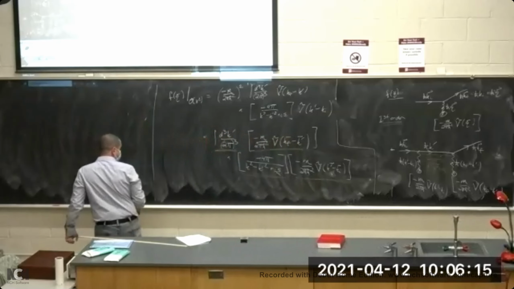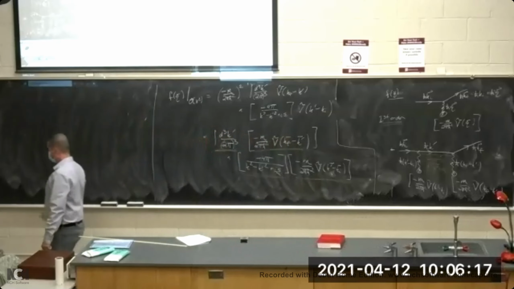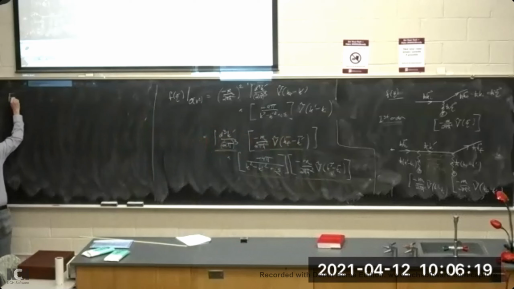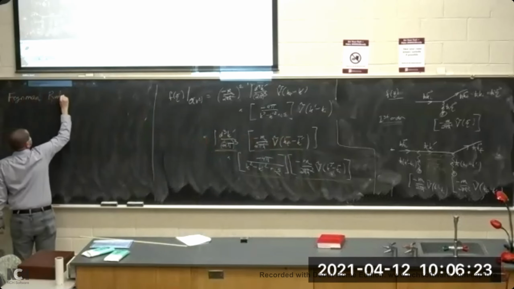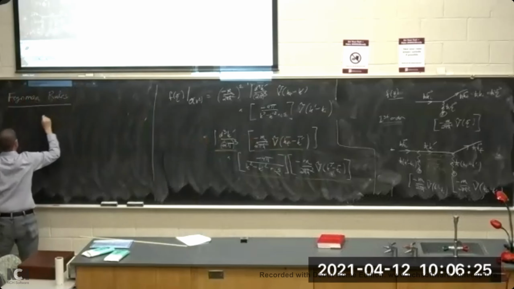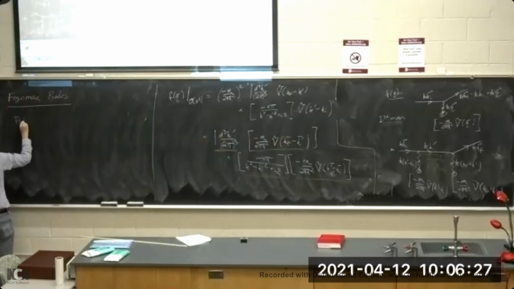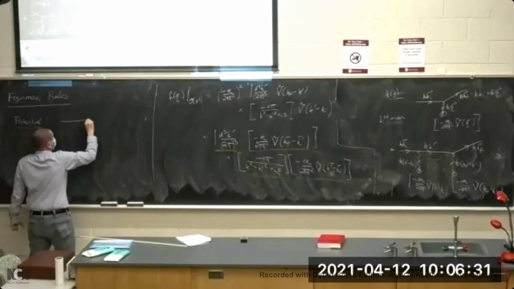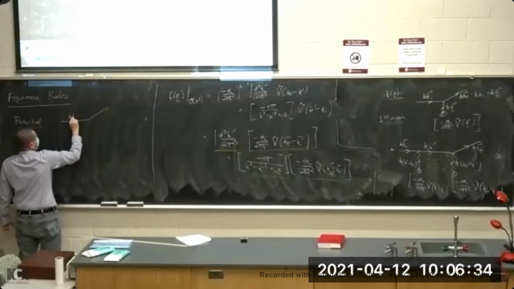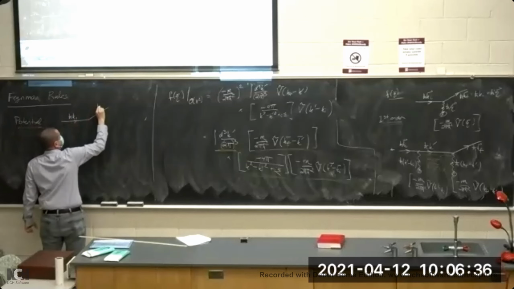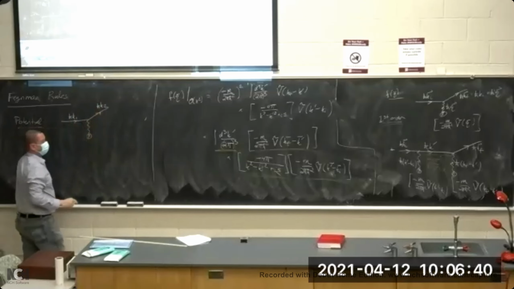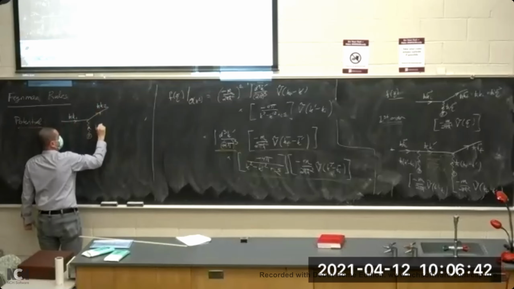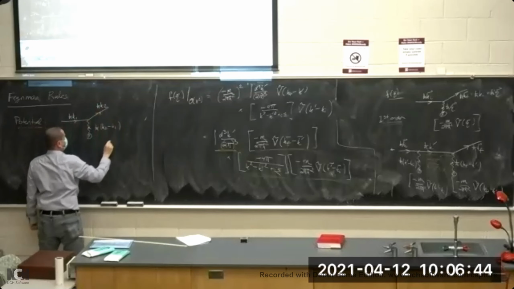So the building blocks of any scattering amplitude are expressed in terms of the Feynman rules. Every time you have the insertion of a potential, anything that takes you from some h bar k1 to some h bar k2, and it's interacting with the potential, that means it's absorbing momentum, h bar k2 minus k1.